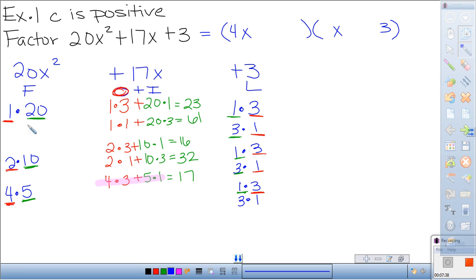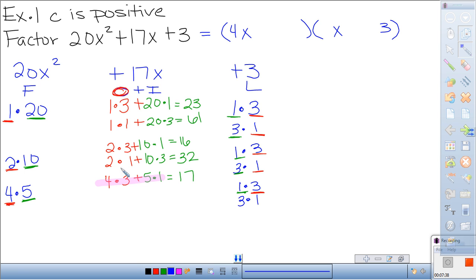But also, we know that 4 has to be first since it came from the first column. 4 was in our first column, so it has to be in first position, and it also has to be outside. So it has to satisfy both. It's in the first position, and it's on the outside. So this is first position and outside, and that's the only place it could be in the first position and outside. Here would be first position, but inside, so it wouldn't work there.